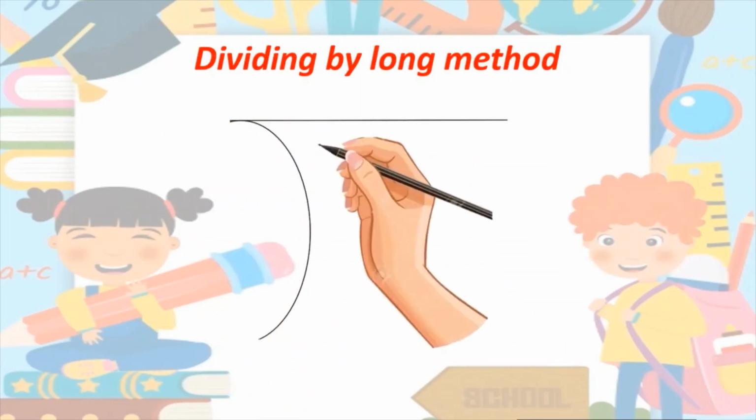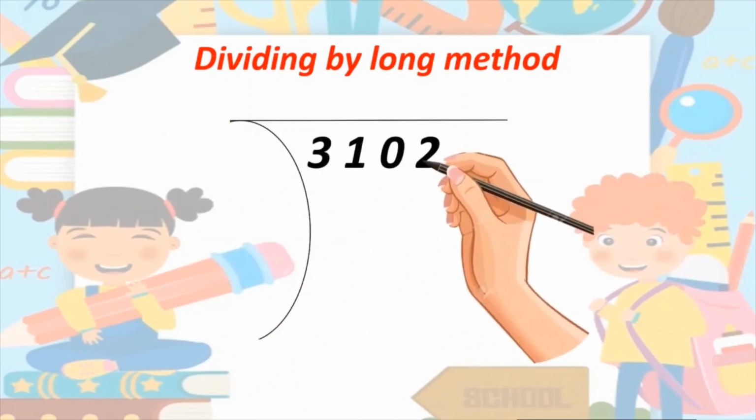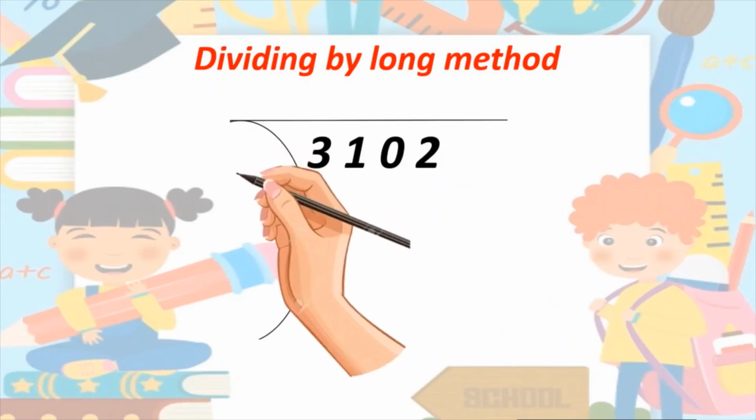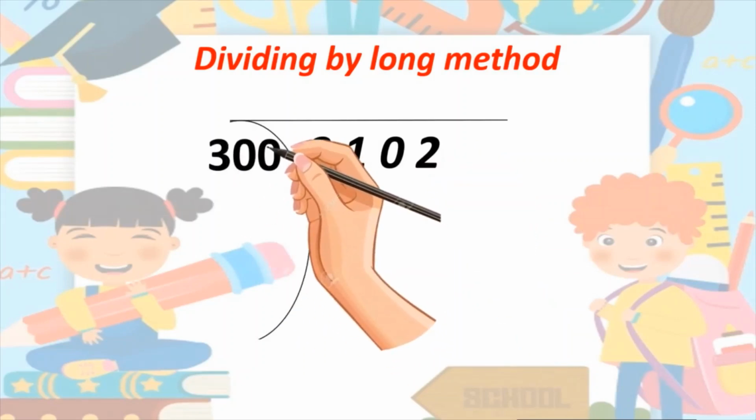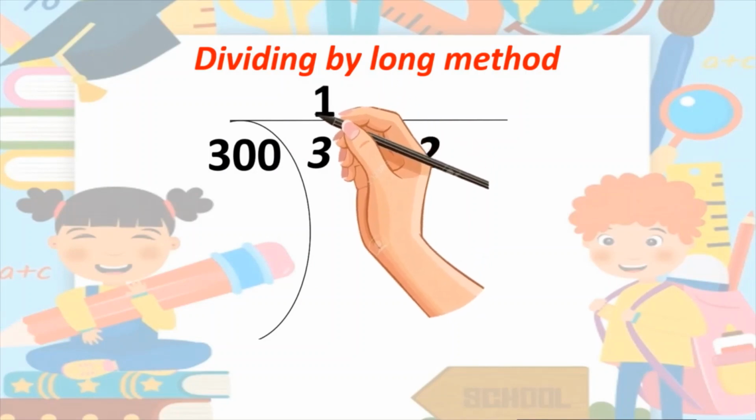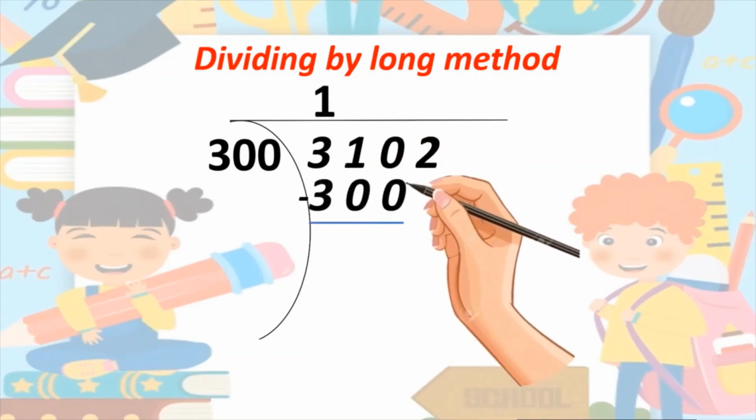The next number is 3102 divided by 300. So 300 is a 3-digit number. So we consider the 3 digits of the dividend. So 300 ones are 300.